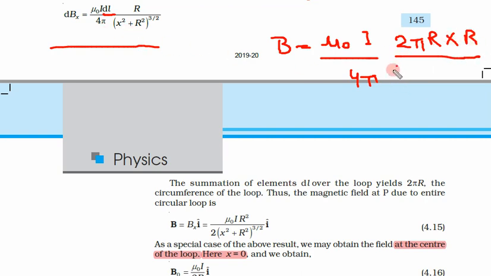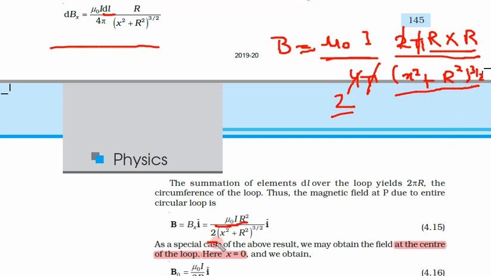Downwards we have x square plus r square to the power 3 by 2. So this is the total magnetic field. Now let me cancel this pi and this 2. So we get mu naught I r square upon 2 into x square plus r square to the power 3 by 2. This is how we got this expression.